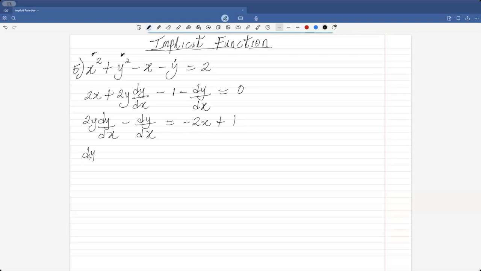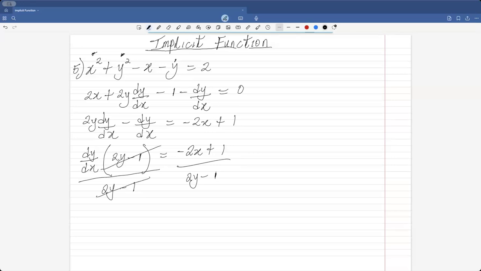And we have dy/dx, open parentheses, 2y minus 1, close parentheses, equals negative 2x plus 1. Divide by 2y minus 1.